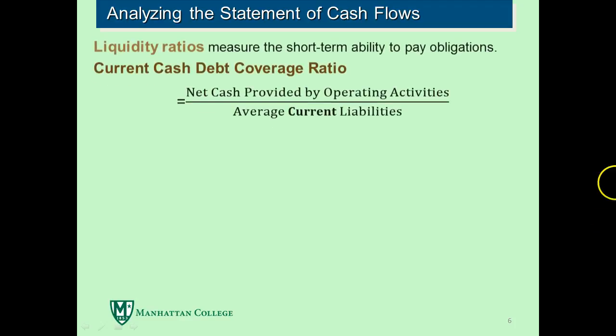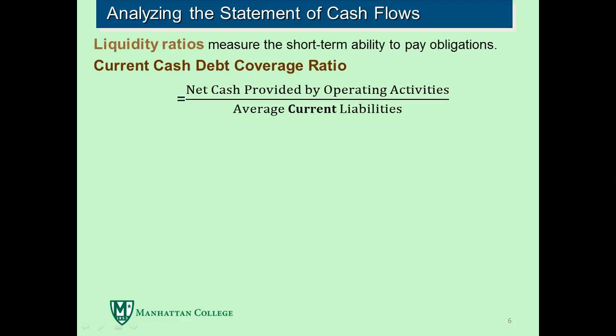Let's analyze the statement of cash flows, first with a liquidity ratio measuring the short-term ability of PepsiCo to pay its obligations. The current cash debt coverage ratio gives us net cash provided by operating activities from the statement of cash flows divided by average current liabilities on the balance sheet.